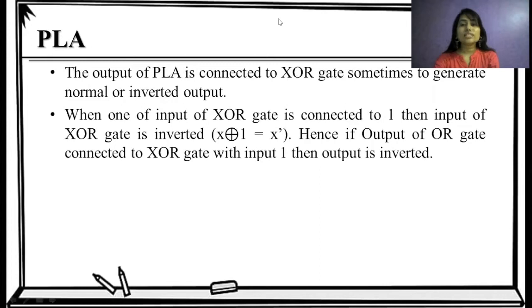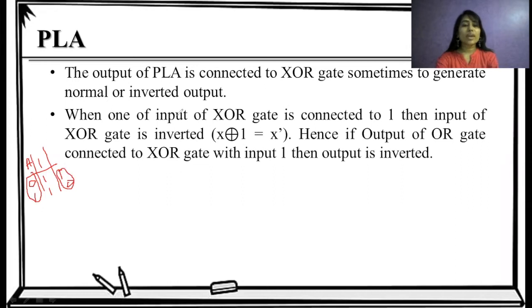How? For example, we have a value A and another input as 1. Now the value of A is either 0 or 1. So if we have an all-time 1 into the XOR gate, then 0 XOR 1 gives 1 and 1 XOR 1 gives 0. So if this is A, then this is basically A dash.